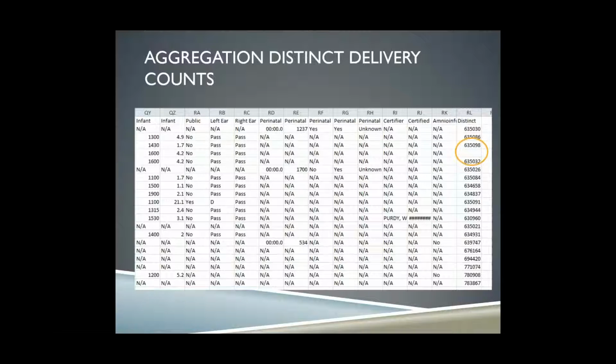So then basically your delivery counts would not be right. They would really be birth counts. So this is our workaround to do distinct counts at the delivery level.